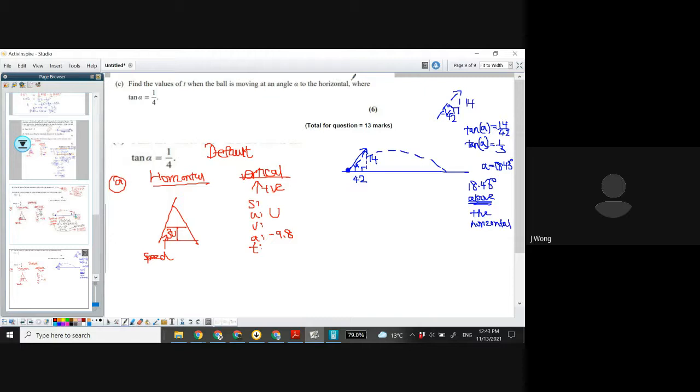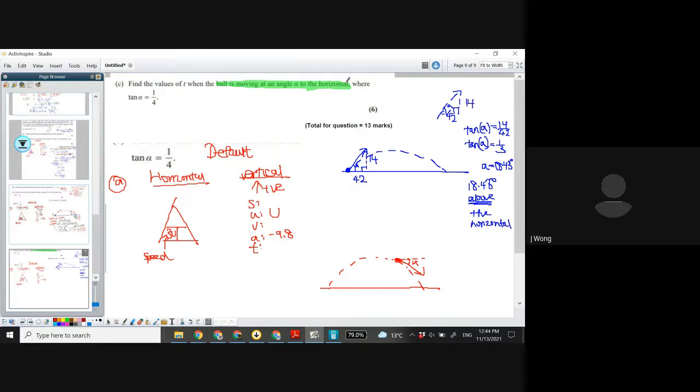Okay, so how does that help me to understand this question here? They want us to find the instant where the ball is moving at an angle alpha to the horizontal. So if I pick some position in this problem, say this point here, then when we find the direction of motion in terms of the angle, using the geometry ratio, this is going to be a quarter.